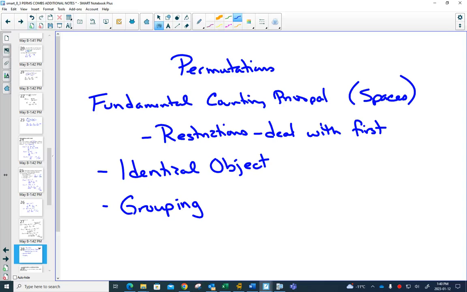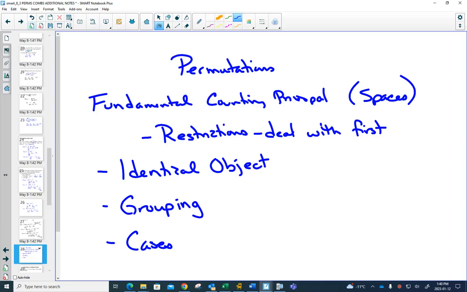And finally, today we found out that some things can't be counted all at once. Those need to be counted in cases. So these are your main strategies and frameworks in which you work with, and then each of the questions on our reviews deal with those.